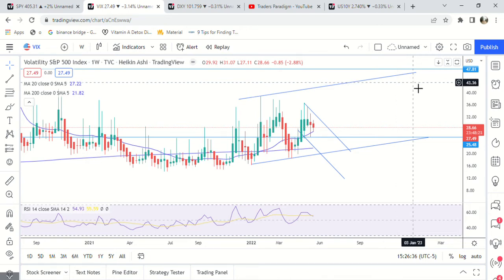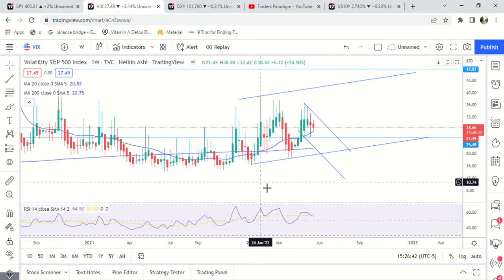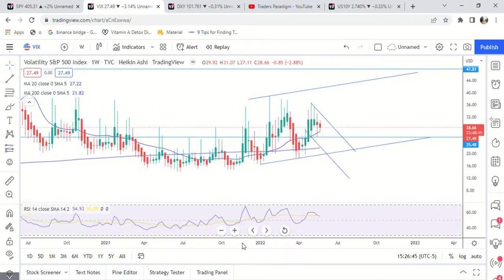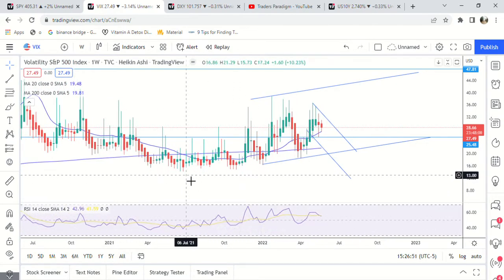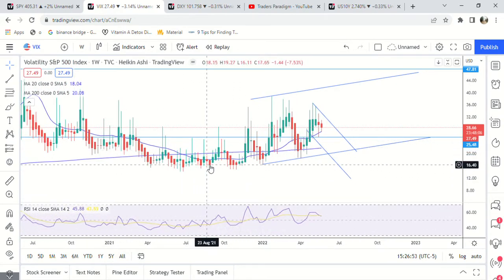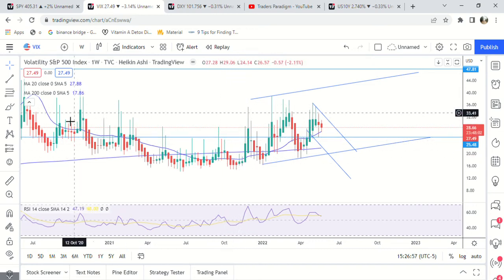All right, I want to tie the VIX, the dollar, the 10-year yield, and SPY all in one video. So we're looking at the weekly chart of the VIX right now. If you look at the bottom of this right here in the weekly chart, it looks like we had a 1, ABC 2, 3, ABC 4, 5, 1.